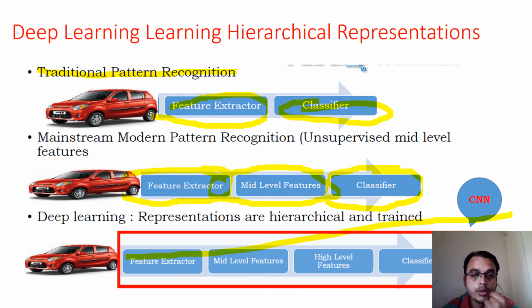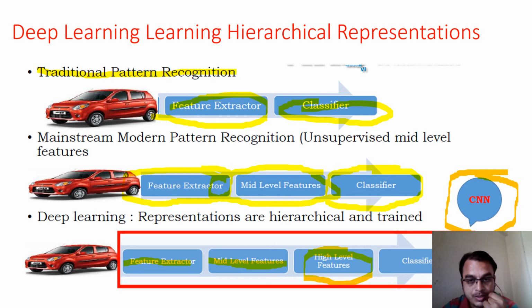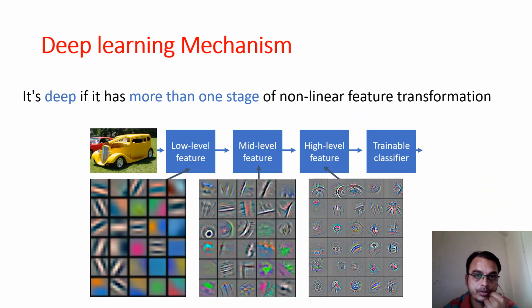And who is doing that? That guy is nothing but a CNN. Feature extraction, mid-level feature extraction, and high-level features are traced out, then classification happens, and finally a single system produces the result. That is a CNN, a convolutional neural network, a deep learning mechanism. The same thing is shown over here.